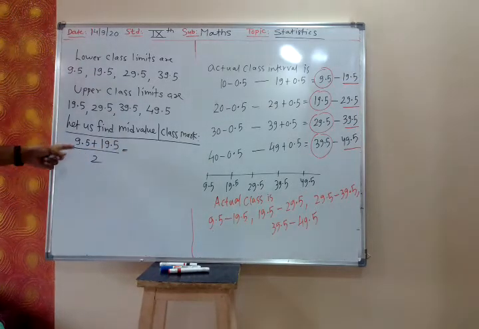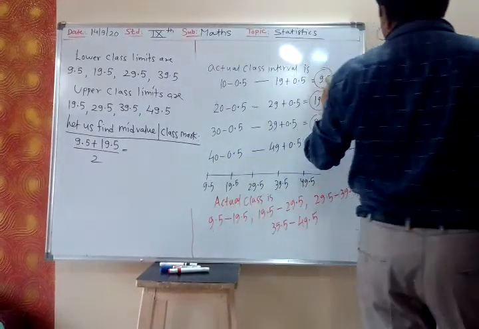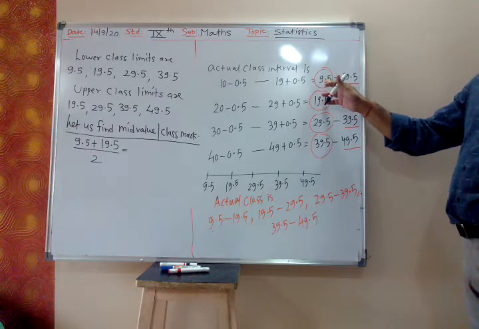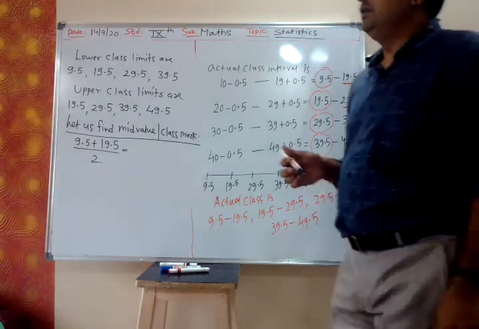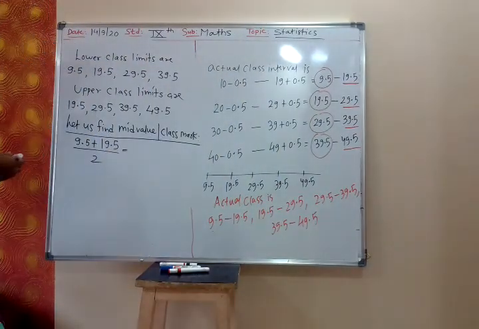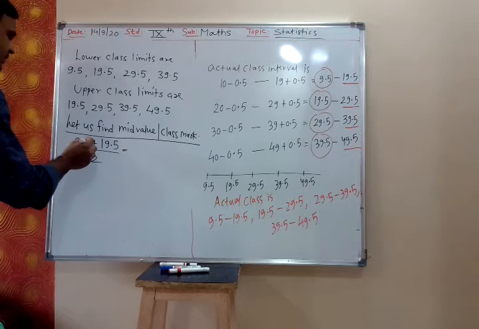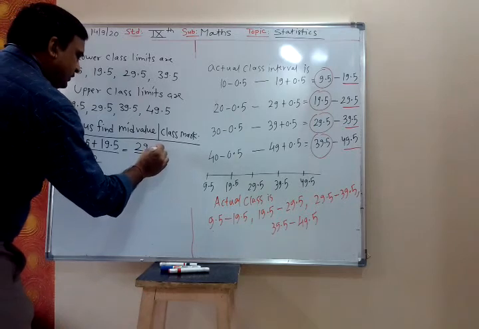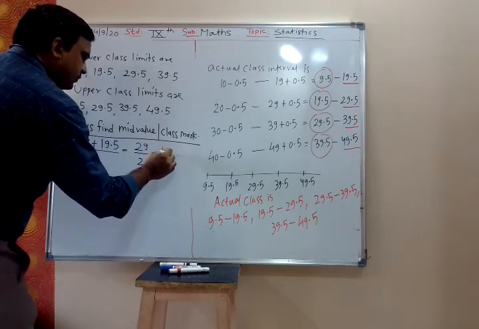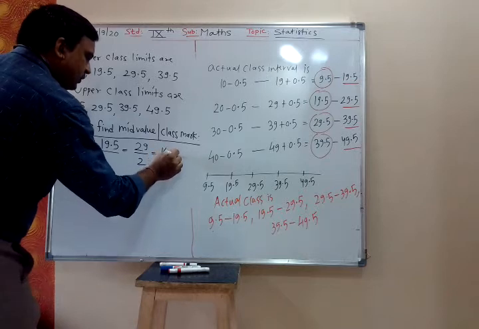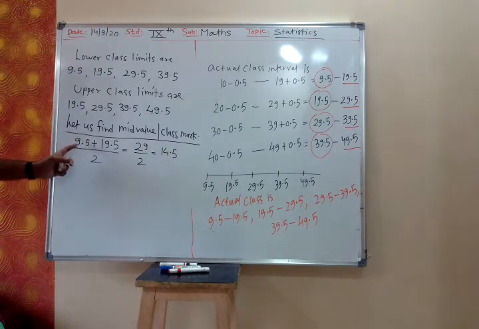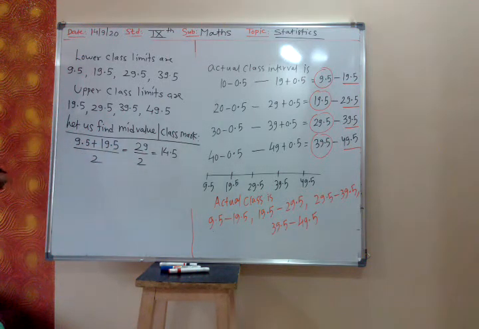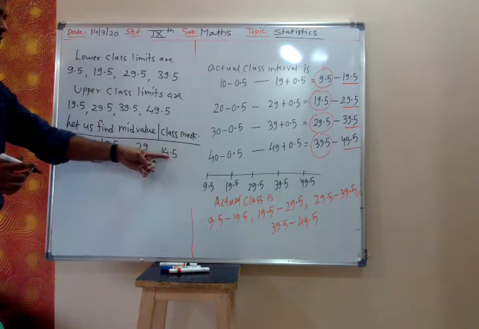So 9.5 plus 19.5 divided by 2, that will be 29 by 2. You have to show this part: lower limit plus upper limit divided by 2. 29 by 2 is 14.5. So 14.5 is my first mid value.